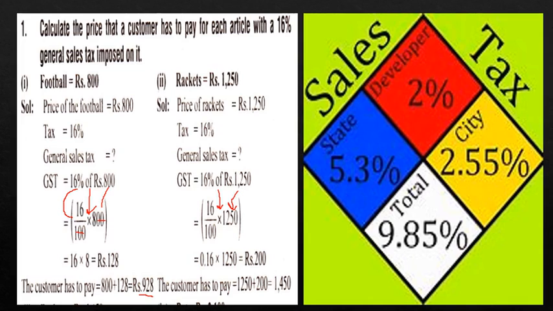After simplification, we will write 16 divided by 100 also can be 0.16 multiply by 1250, and this will be our GST. How much customer has to pay? Customer has to pay actual price plus tax, that will be equal to 1450 rupees.